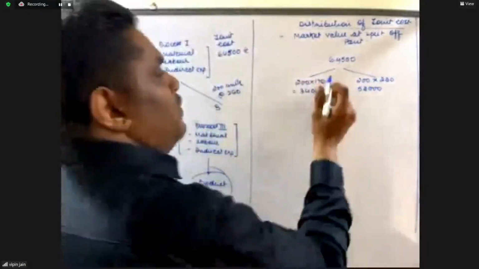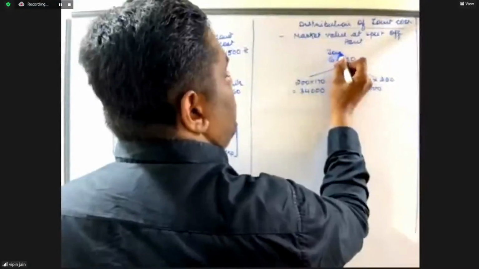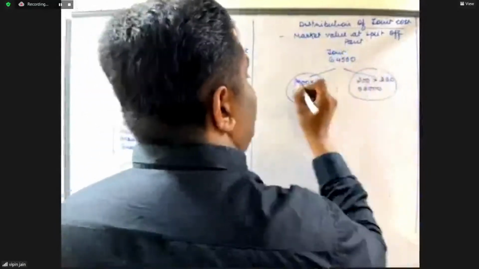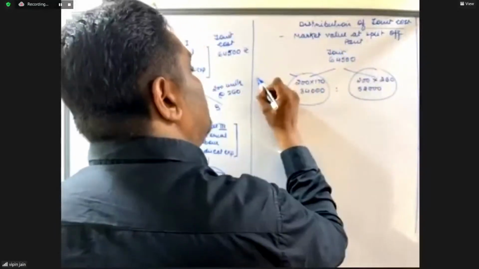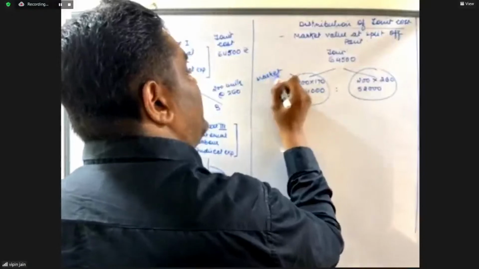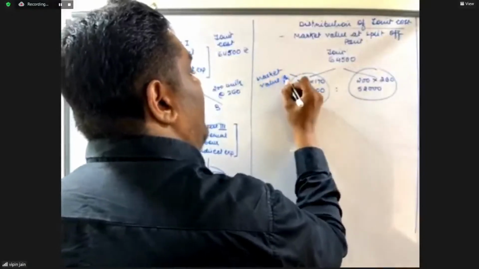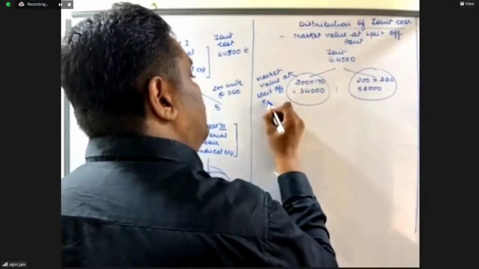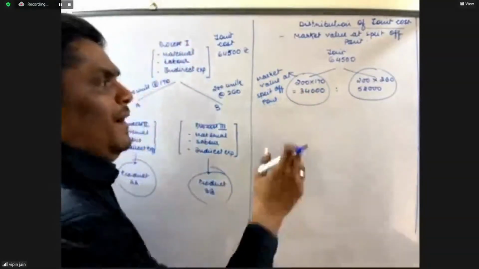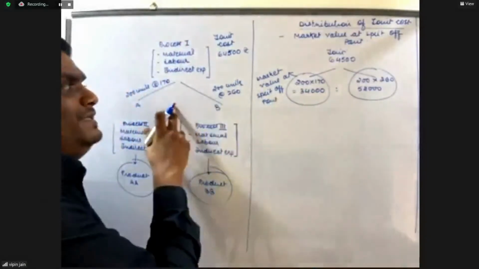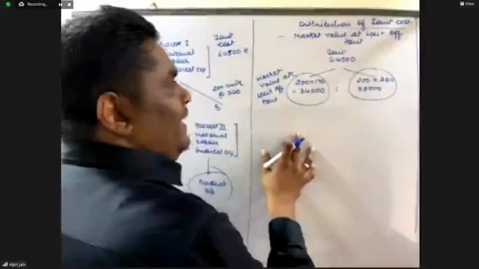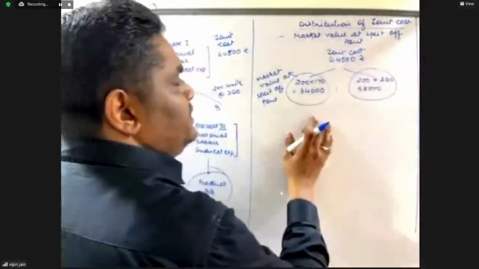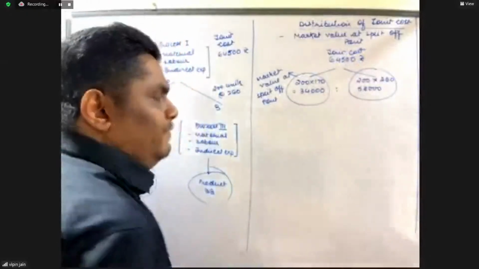This is what we call the market value at split-off point. This is the split-off point, so the market value is available. So my joint cost of 64,500 will be distributed in the ratio of 34:52.